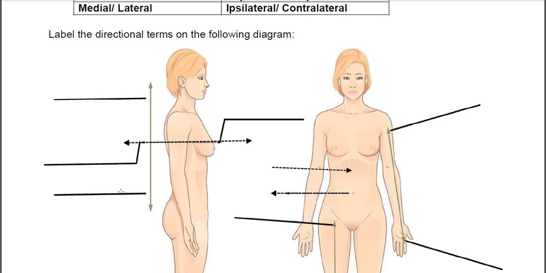And so to avoid confusion, the head is always a certain direction, and away from the head is the other direction. For this one, we actually have two options of the pair that we can use. We can say this is cranial, towards the head, and caudal, away from the head, or we can say superior and inferior. So cranial and superior, or inferior or caudal.